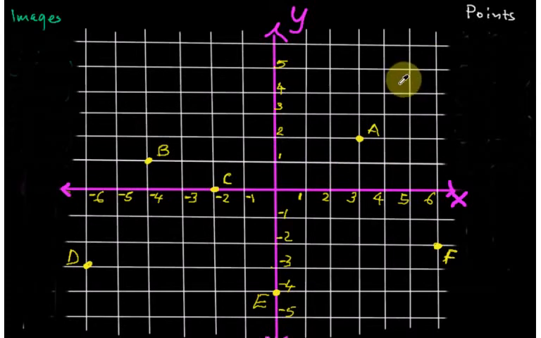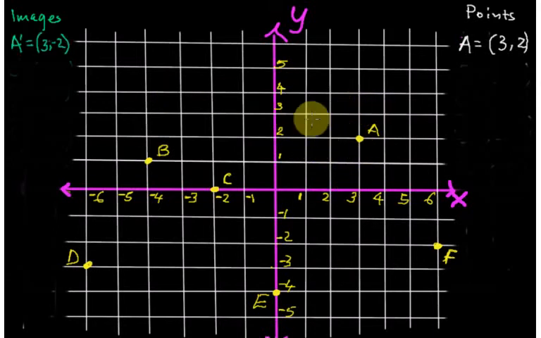Okay, so the first point is A, which is (3, 2), as you see. X is 3, y is 2. Its reflection will be A dash, which is (3, -2).